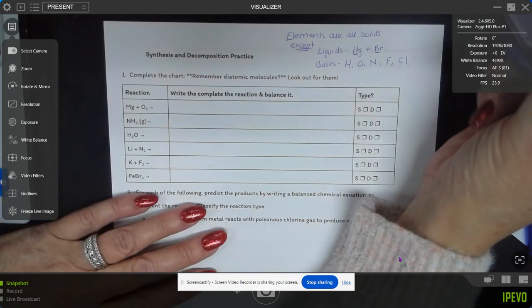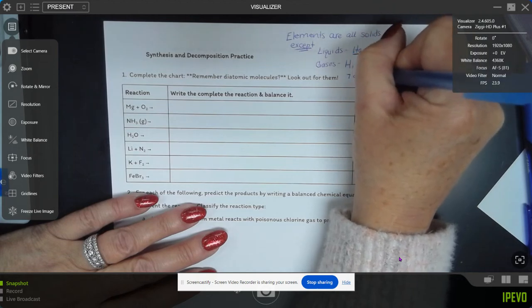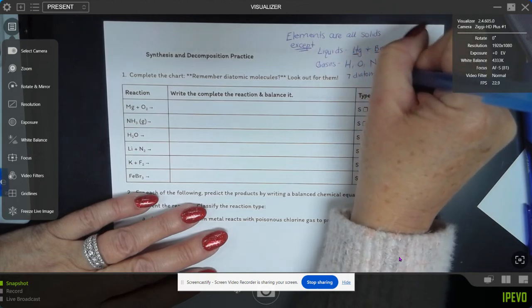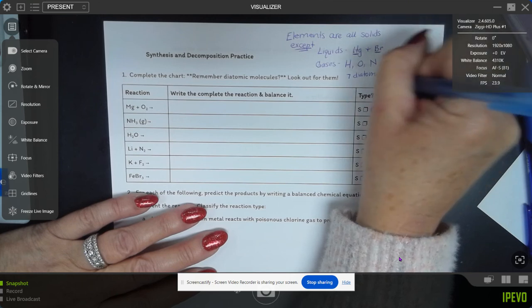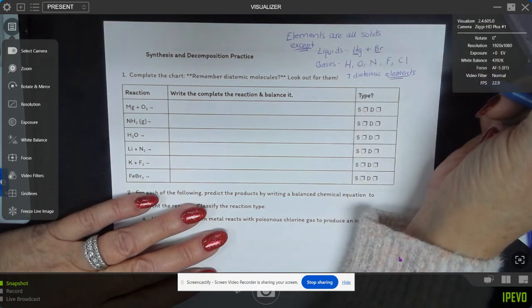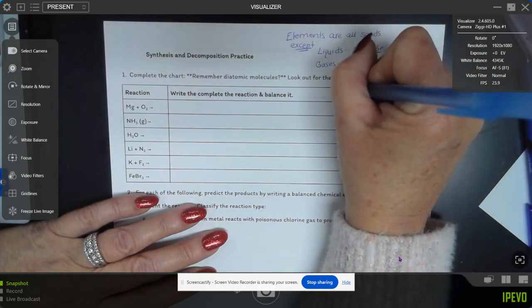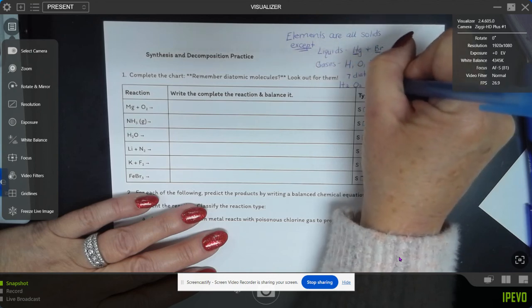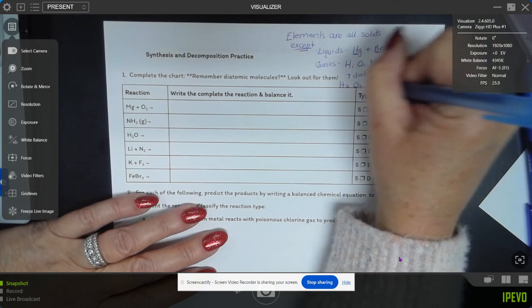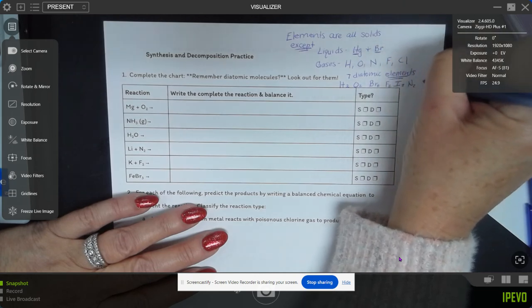react. And then finally, we need to know the 7 diatomic elements. Again, elements, so it's just one type of atom, not a compound. Those are hydrogen, oxygen, bromine, fluorine, iodine, nitrogen, and chlorine.